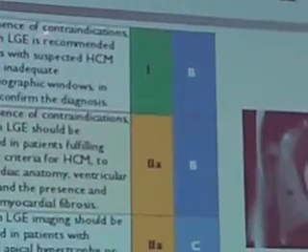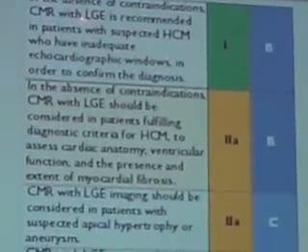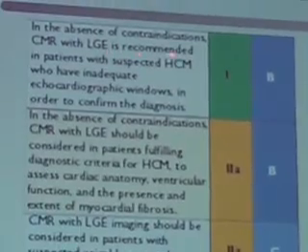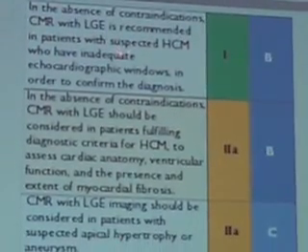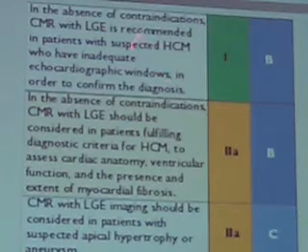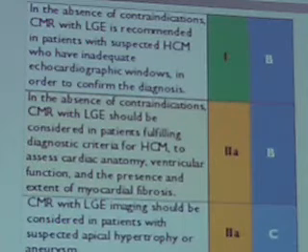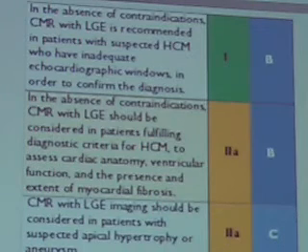In the absence of contraindications, CMR with late gadolinium enhancement is recommended in patients with suspected hypertrophic cardiomyopathy who have inadequate windows. So if you have this problem, please go to another technique the guidelines indicate. Similarly, we have other indications for different cases.